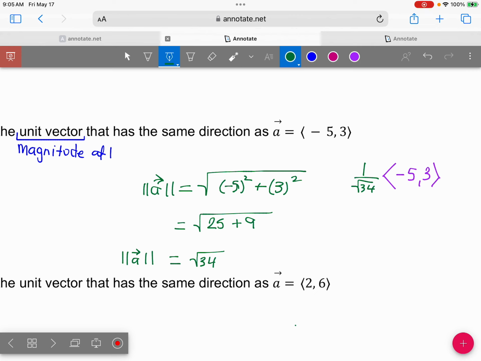So it becomes a scalar multiplication if I write it as a fraction. But what I'm doing is I'm taking my -5 and dividing it by square root of 34, and I'm taking my 3 and dividing it by the square root of 34. And that gives me my unit vector.